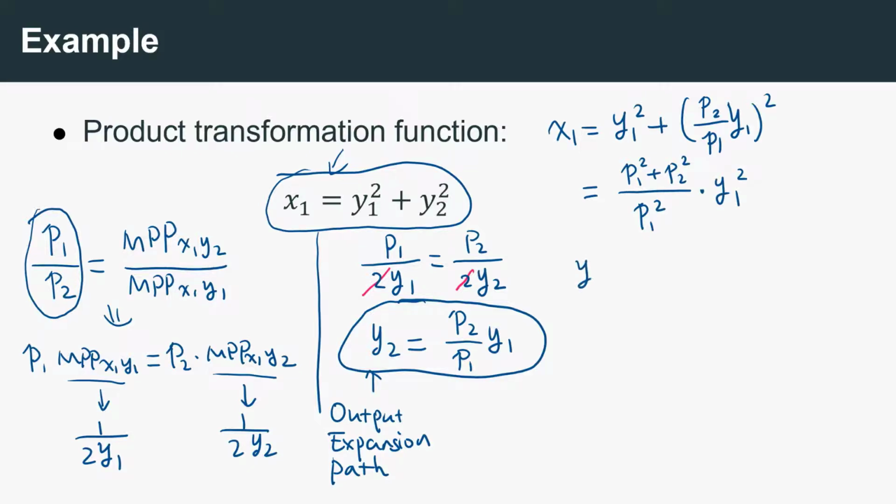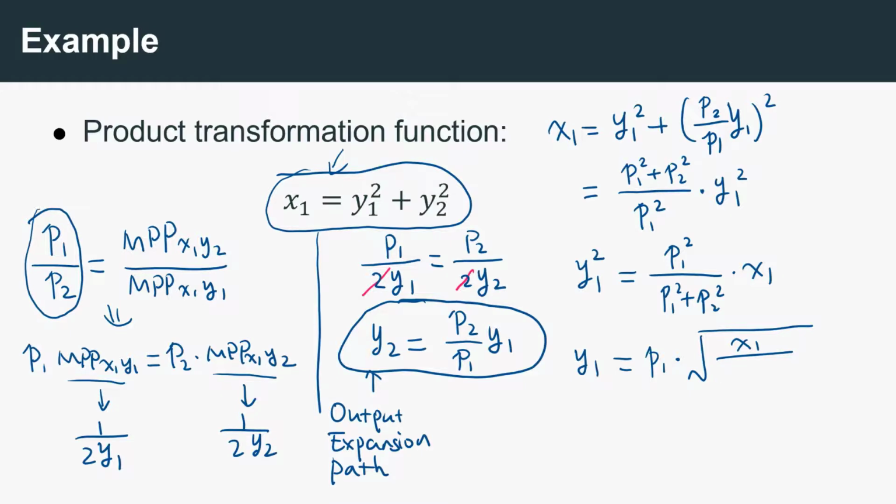So we will be able to derive y1. Let's write y1 square first: it is P1 square over P1 square plus P2 square, times x1. So y1 equals the square root of this whole thing. So it's P1 times the square root of x1 over P1 square plus P2 square. So that is our y1.